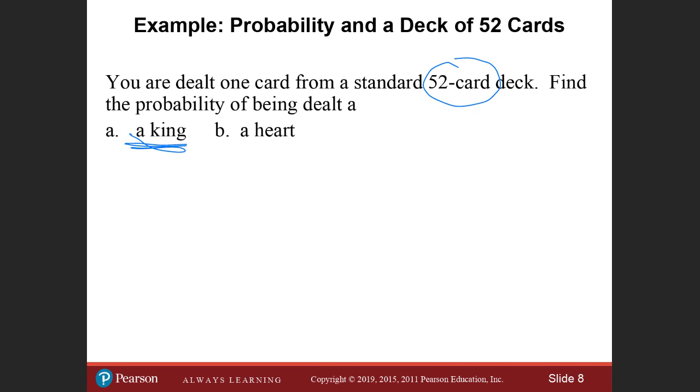So probability of getting a king here would be, there are 4, right? Kings in a 52 card deck. So 2 blacks and 2 red. So that would be 4 over 52. And then we reduce this by dividing by 4.